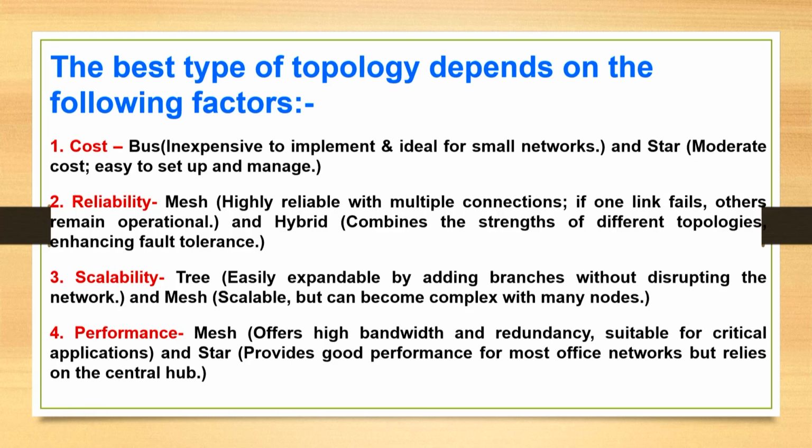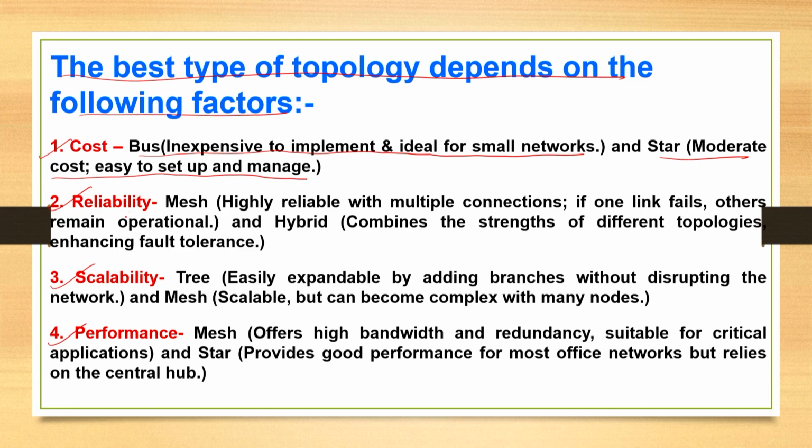So, there are a number of topologies that are available. Now, which one is the best? That depends upon the cost, reliability, scalability and performance. Cost-wise, we say that bus is inexpensive to implement and ideal for small networks, whereas star has a moderate cost and is easy to set up and manage.